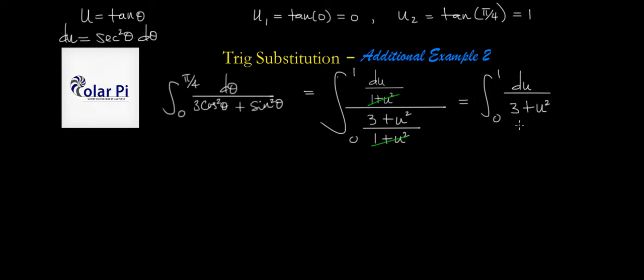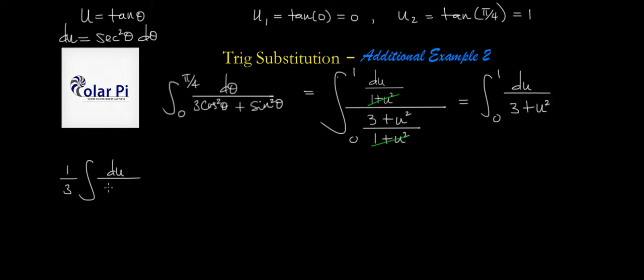Now, if you need help figuring out what this integral has to be, a good start is to write a third. I'm going to abandon the limits for a second because I'm just showing you how to work out the integral.